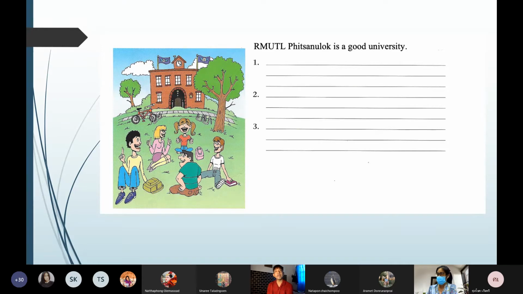RMUTL Phitsanulok is a good university. Can somebody tell me why we think RMUTL is a good university? Let's have some participation from the webinar audience. Or if none, then we could have the coordinator.